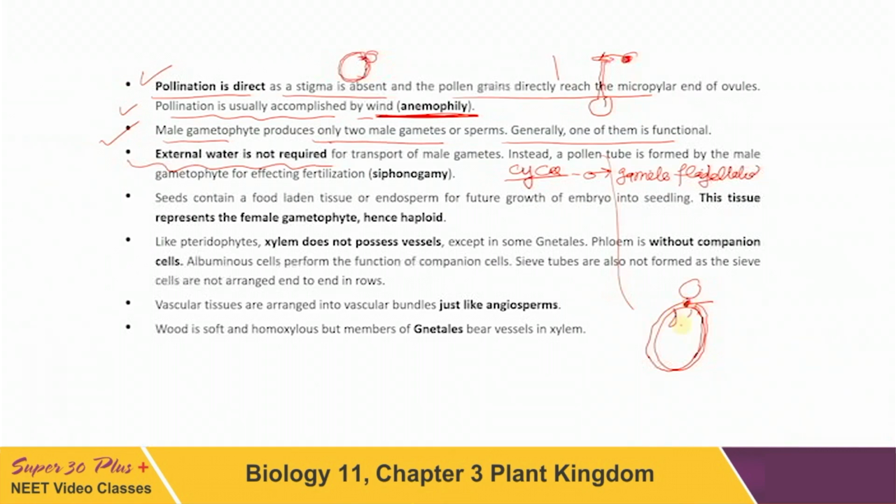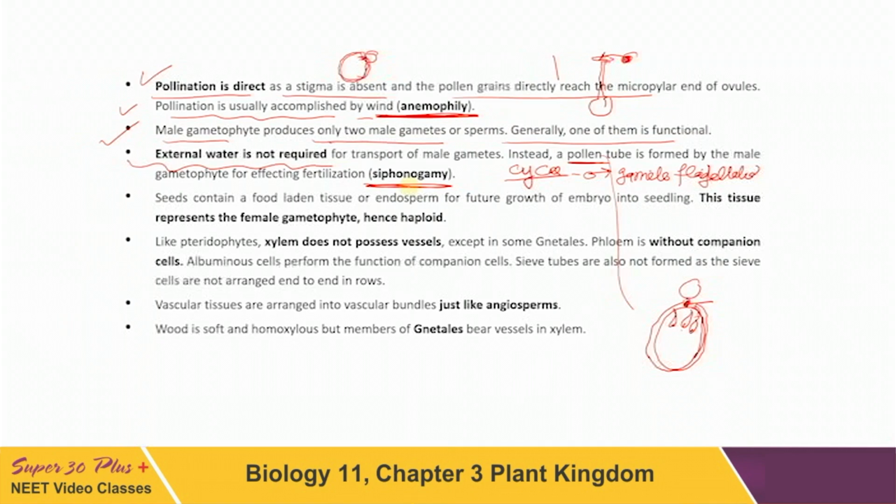Here is the archegonium, near which the male gamete will be released, and the male gamete will fuse with the egg. This formation of the pollen tube by the male gametophyte, which brings about fertilization, is known as siphonogamy.